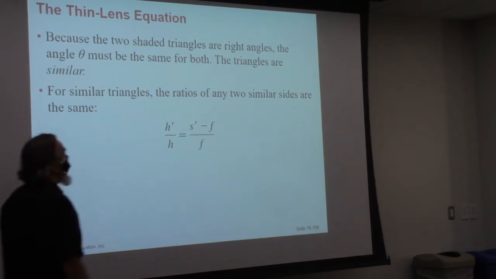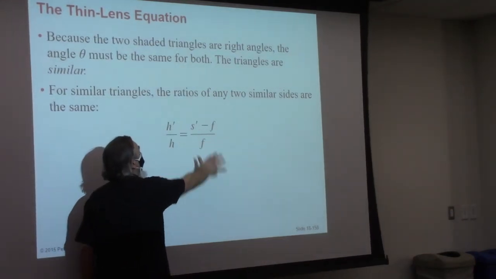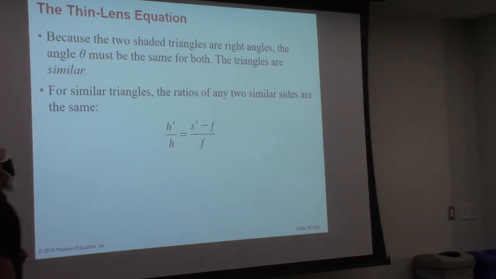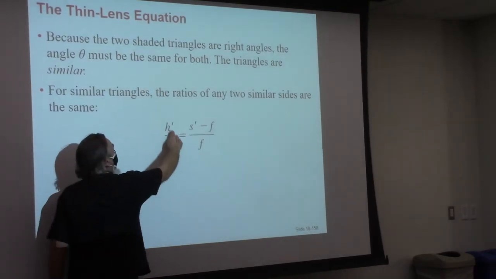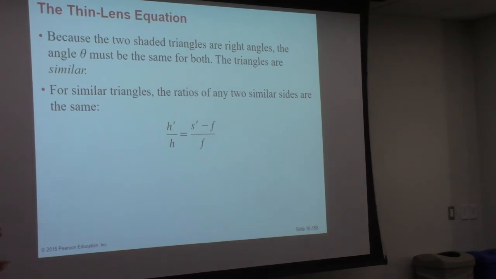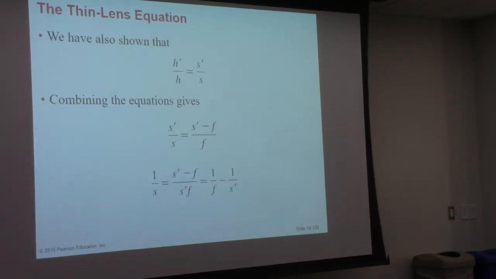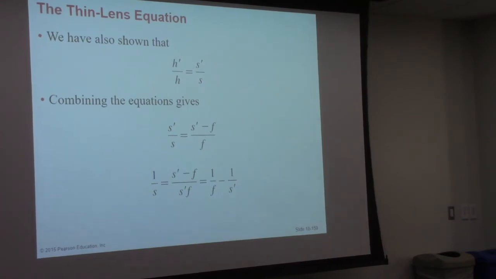So if you just look at similar triangles, you can come up with this. We also know, though, that h prime over h is equal to the magnitude of s prime over s. That's what the magnification is, as you can see up there.